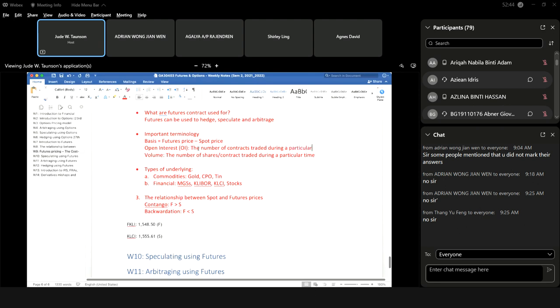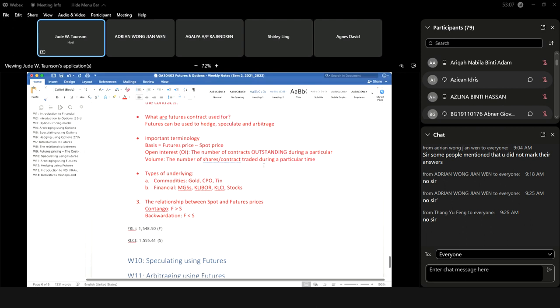So what is the difference between this? Sorry. Okay. The number of contracts, not traded, outstanding during a particular time. So what is the meaning?